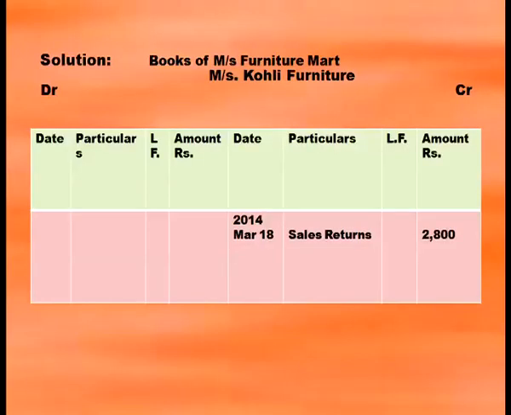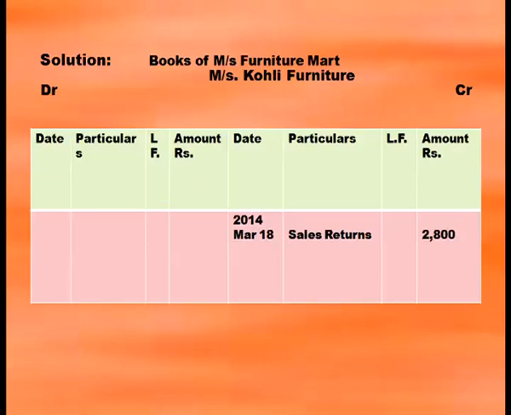See how the posting is done in the case of Kohli Furniture. Kohli Furniture is a customer who has returned goods to Messrs Furniture Mart. Then open the name of the customer who has returned goods. So, Messrs Kohli Furniture's account is opened. The account will have 2 sides, mainly with date, particulars, ledger folio and amount. Then on the credit side of this customer, you will write in the particulars column by sales returns account.